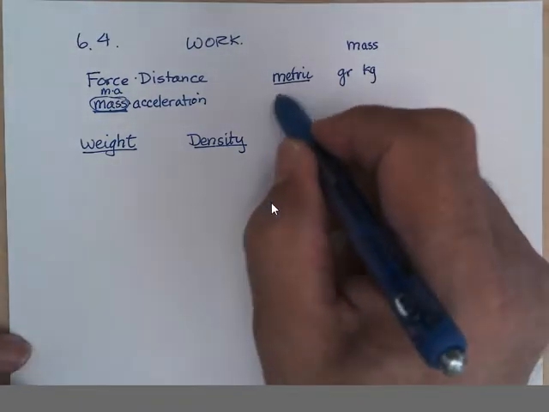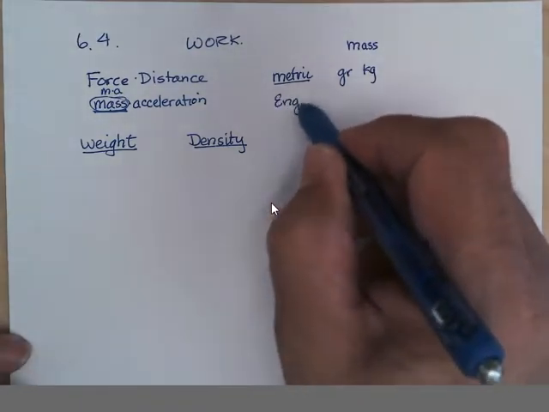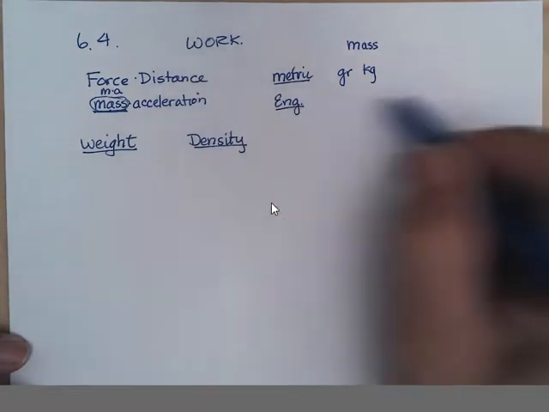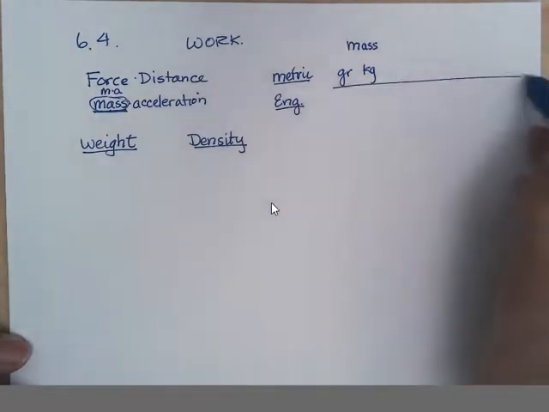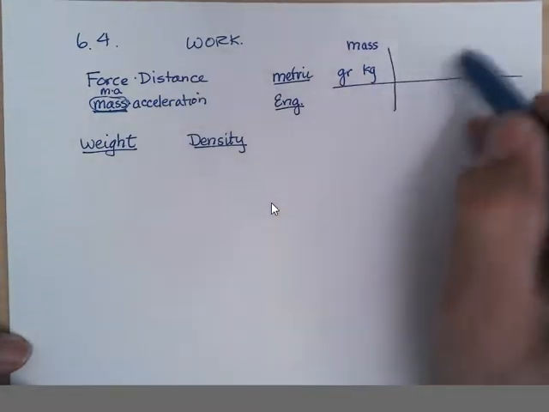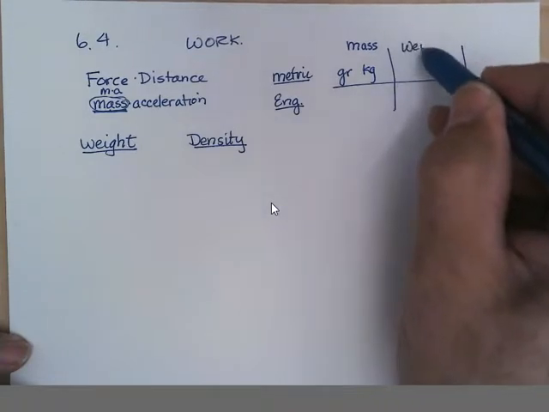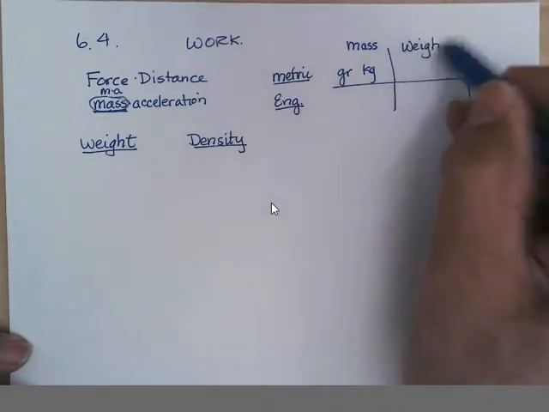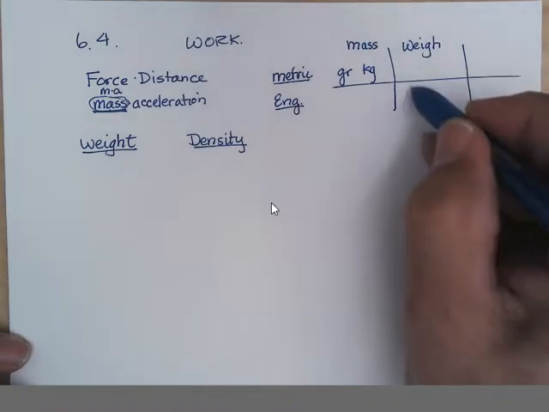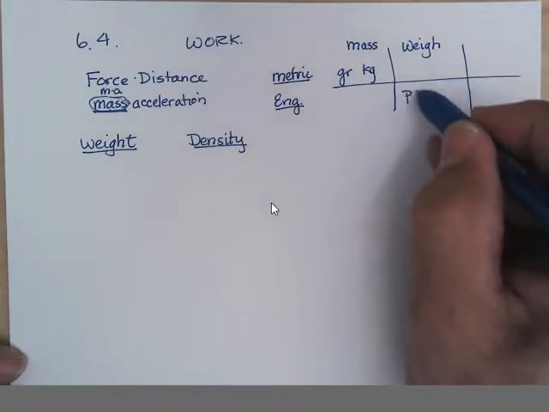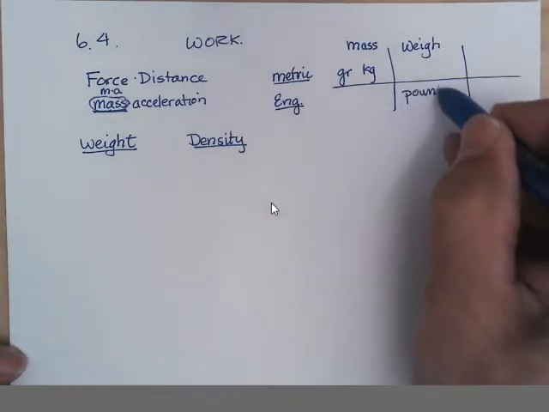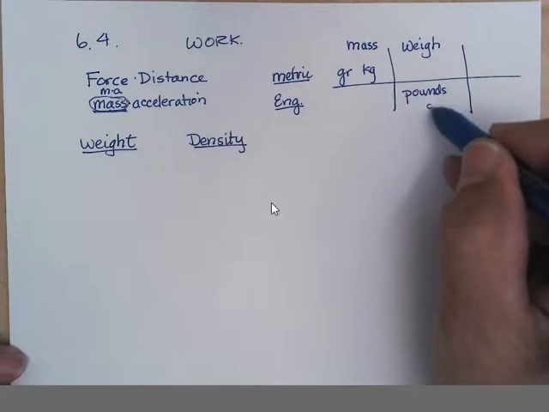Now, in the English system, most of you do not know what mass is measured in, but you do know what weight is measured in. And weight in the English system is measured in pounds and perhaps ounces.